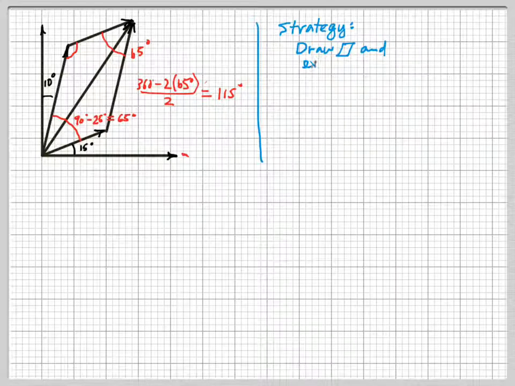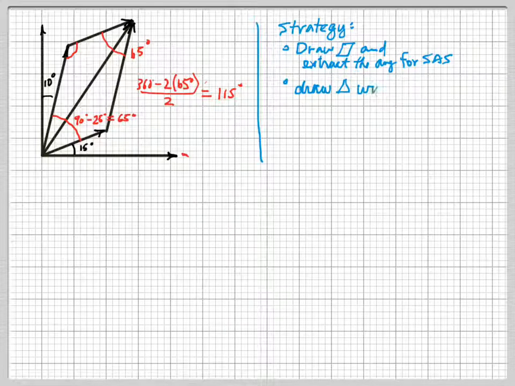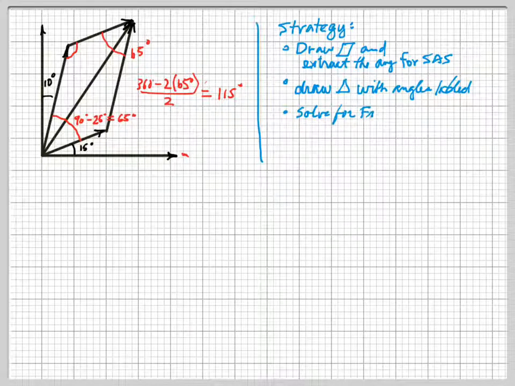Alright, let's look at our strategy. First we're going to draw the parallelogram, which I've already done, and we're going to extract any information that we can get from that, like the angles. Now we have enough information that we can actually draw a triangle, and we know the angle for an angle-side type of arrangement.